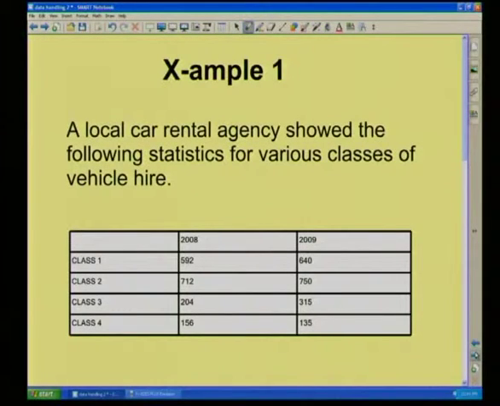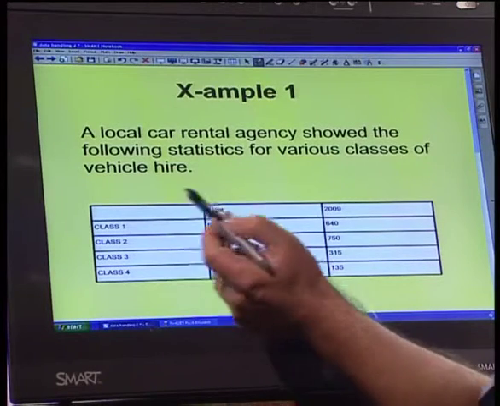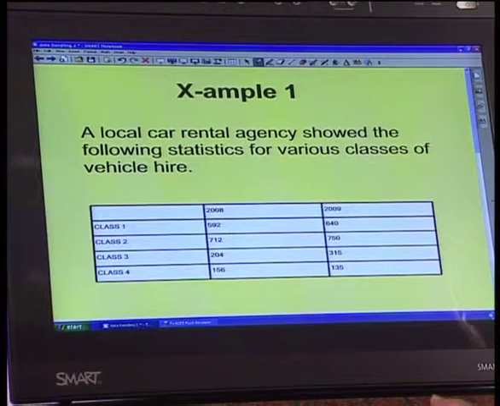This is a typical example that you might get in an exam question. The question reads, a local car rental agency showed the following statistics for various classes of vehicle hire. In 2008, their Class 1 had 592 units hired.